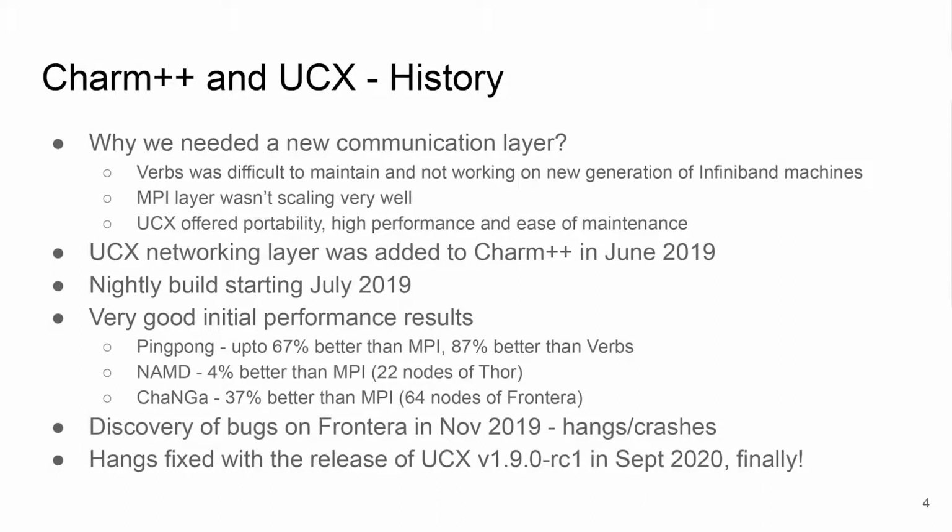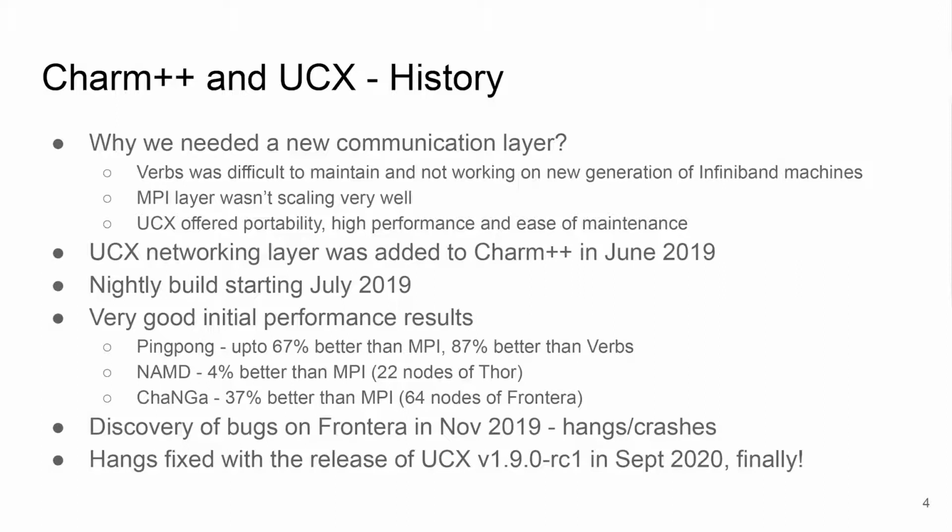And the UCX library seemed like it had support for a lot of backend networks and hence offered portability and high performance and seemed like it was easy to maintain. So that's why it was a decision to rope in and develop a UCX backend networking layer for Charm++.